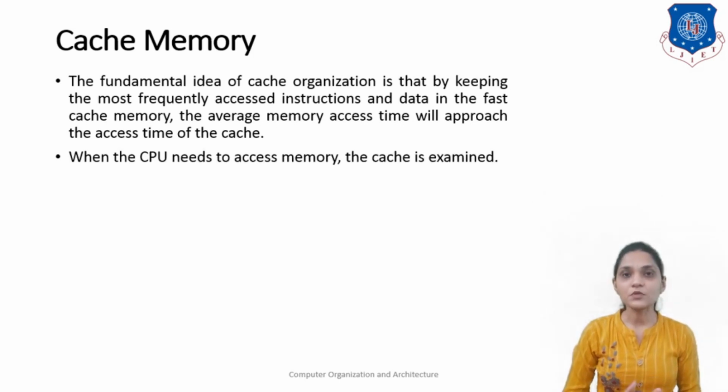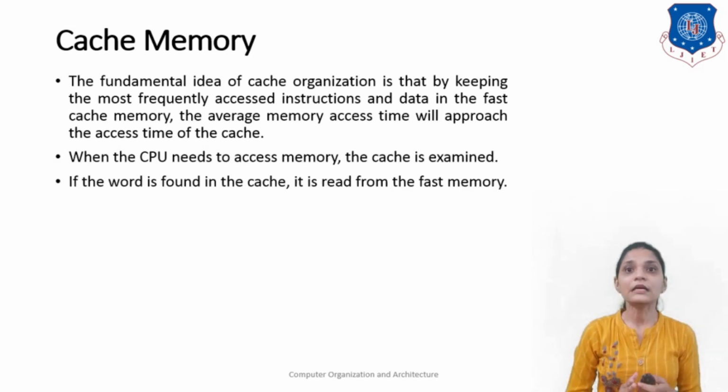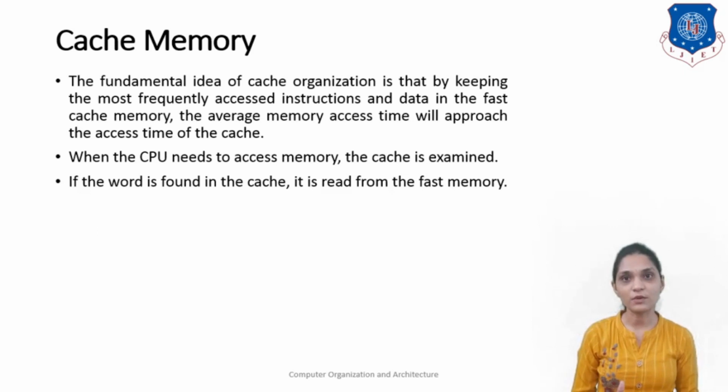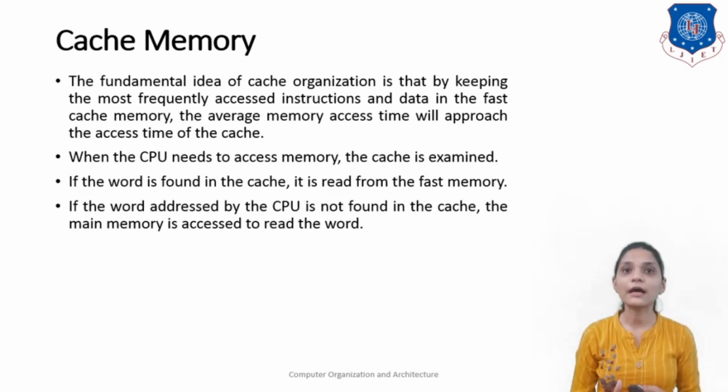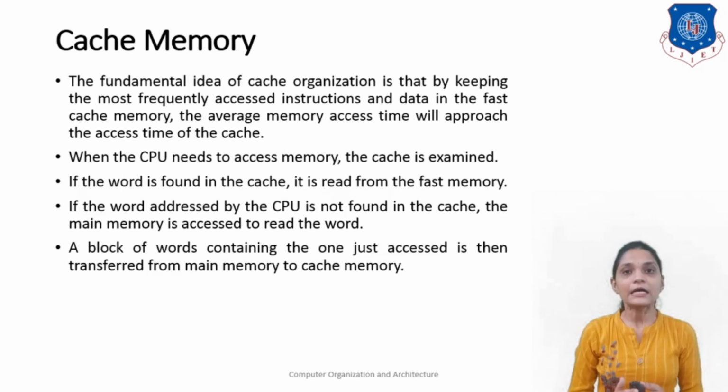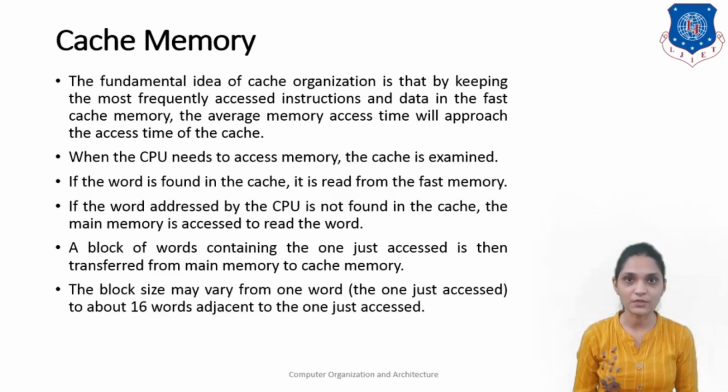When the CPU needs to access the memory, the cache is examined. If the word is found in the cache, it is read from that fast memory, and if the word addressed by the CPU is not found in the cache, the main memory is accessed to read the word. A block of words containing the one just accessed is then transferred from the main memory to the cache memory.